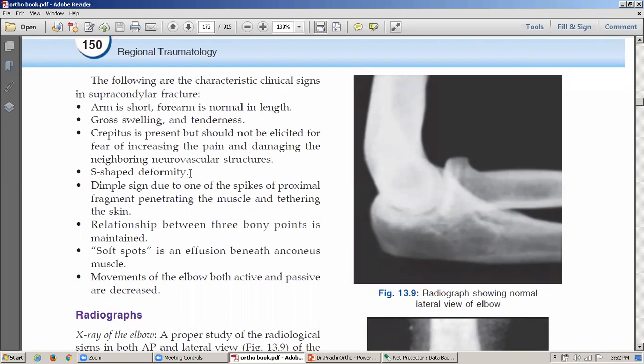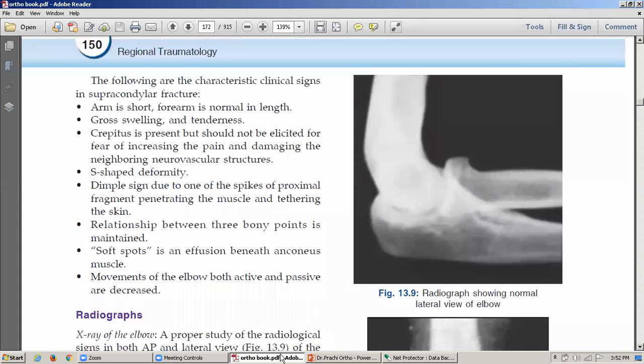There is an S-shaped deformity and a dimple sign, due to one of the spikes of the proximal fragment penetrating the muscle and tethering the skin. The relationship between the three bony points is maintained. Soft spot has an effusion beneath the anconeus muscle, and movement of the elbow, both active and passive, is decreased.